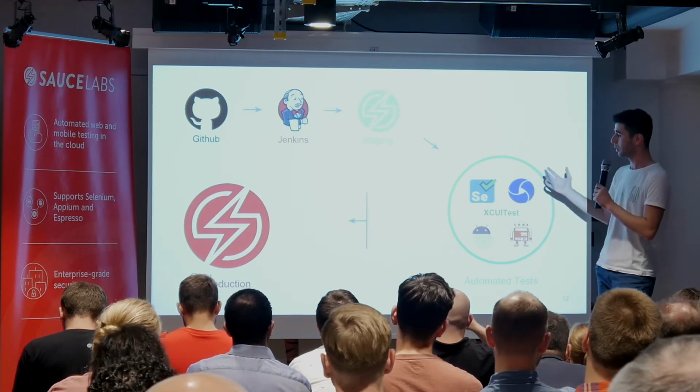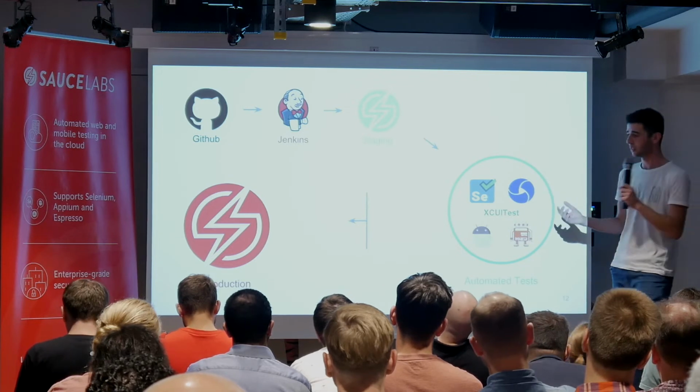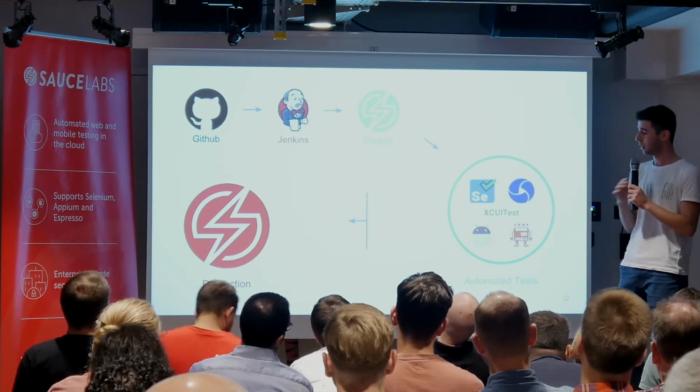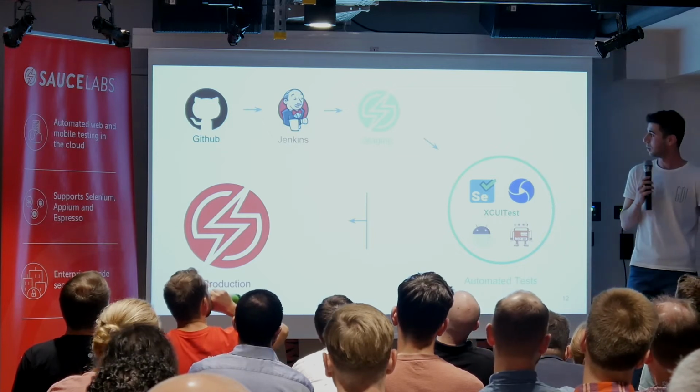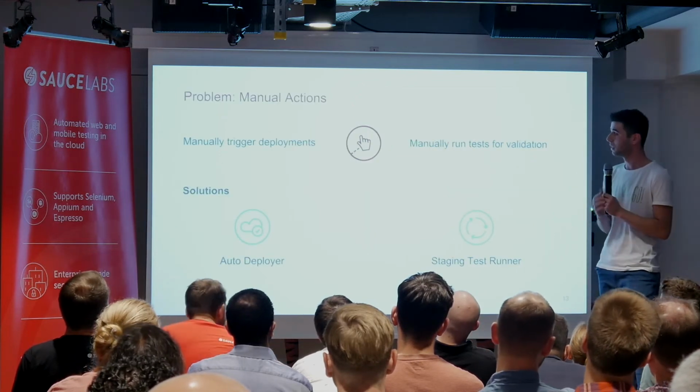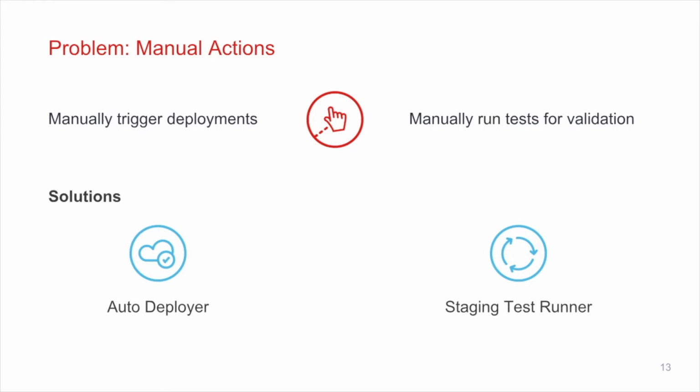After doing that, we can say, okay, the release is deploy worthy, we can publish it and deploy it to production. But I said manually many times, we need to take many manual actions. We need to trigger deployments manually, and also trigger our tests for validation each time.